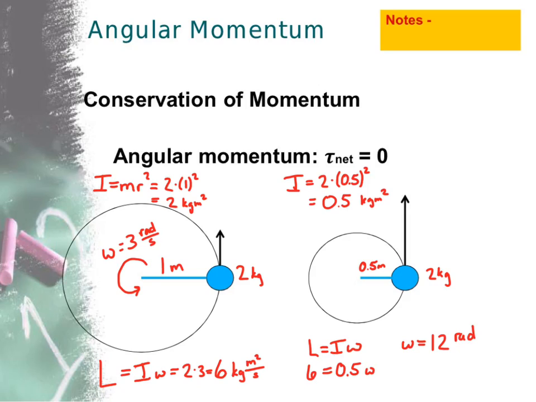So the figure skater bringing her arms in closer to her sides is like what happens to this ball. We started off at an angular speed of 3 radians per second, but when we bring the ball in and we conserve angular momentum, her angular speed goes up to a whopping 12 radians per second.